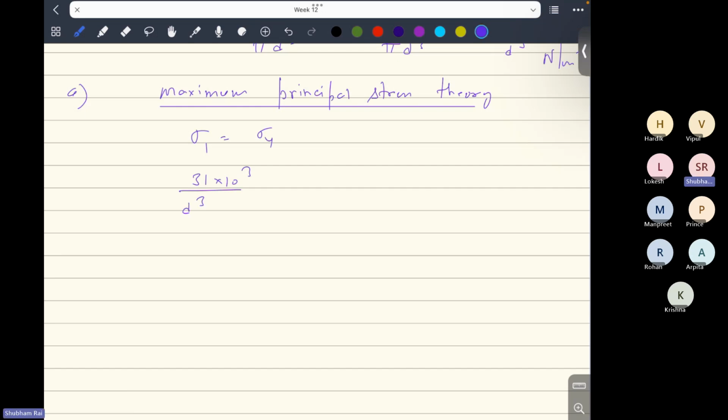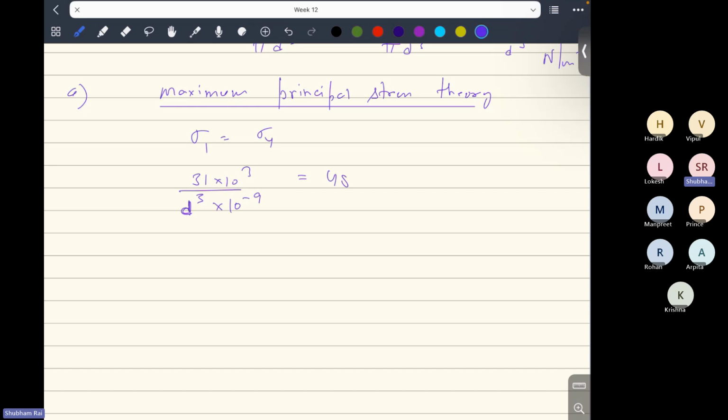And if we take d in mm, it should be multiplied with 10 to the power minus 9, right? What I have done essentially is, d was in mm, so I have converted this into meters. So d is still in mm, but this whole quantity d cube into 10 to the power minus 9 is in meters.